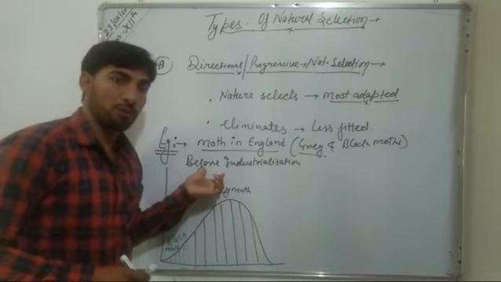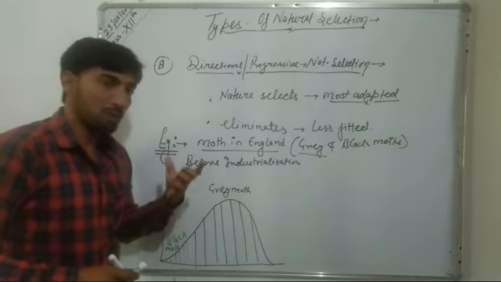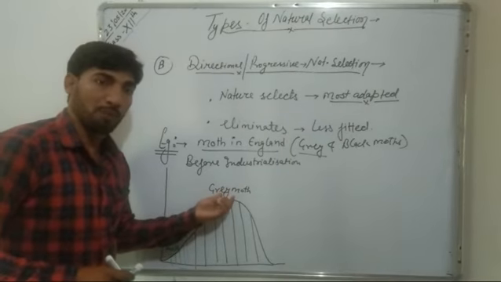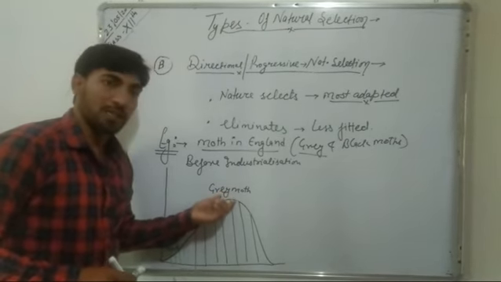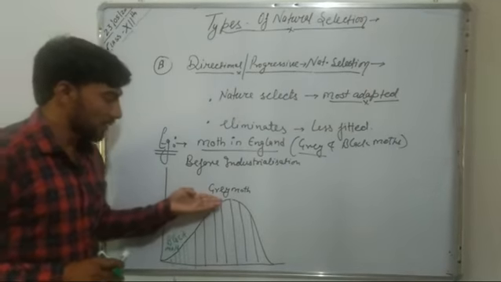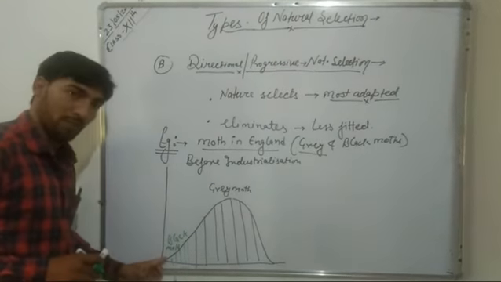Due to the absence of pollution in the environment, lichens were present on the bark of plants, and because lichens are grey in color, the grey moths were prevented from predation, or they hid themselves from their predators, due to which they survived, reproduced and their number increased. So before industrialization, the number of grey moths was much larger in comparison to the black moth.